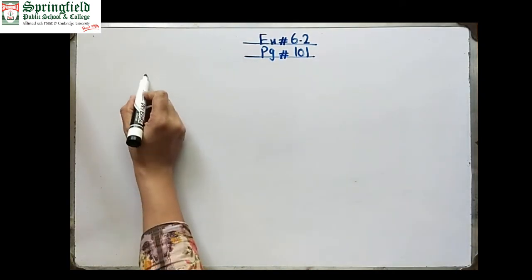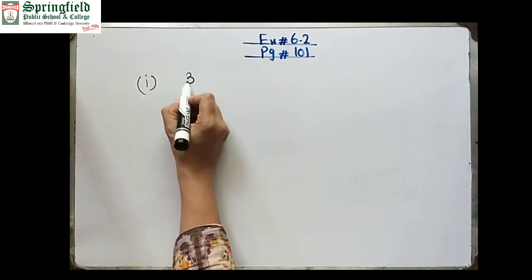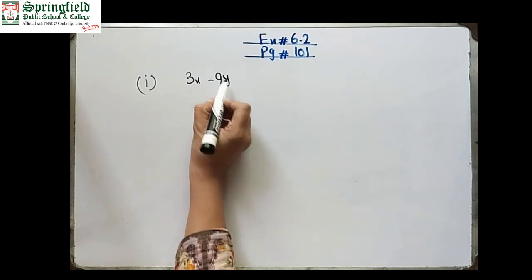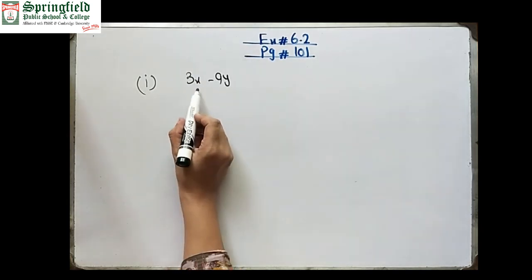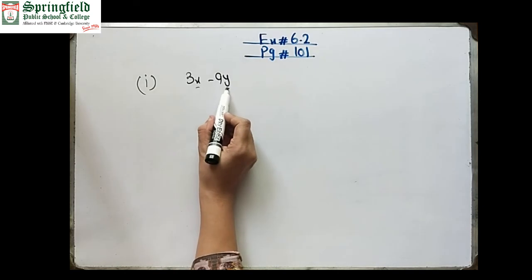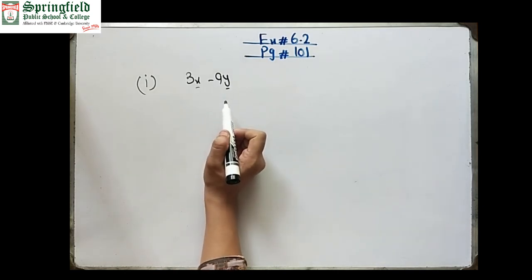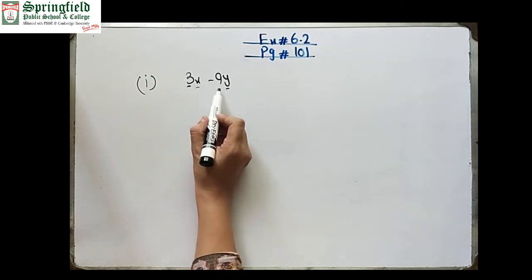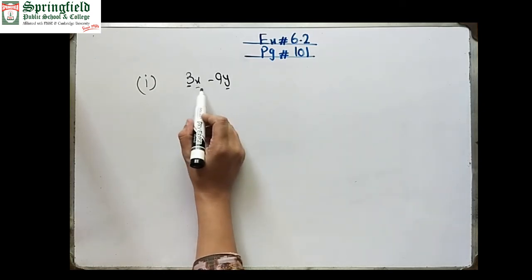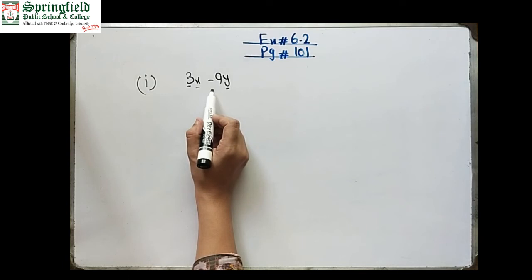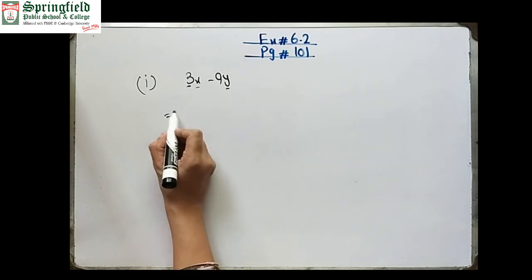So the first part is 3x minus 9y. Okay beta, look here, the variables are x and y. These are different, so we cannot take a common variable. But 3 and 9, both numbers come in the table of 3, so we can take 3 common.